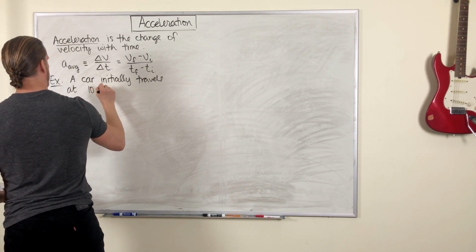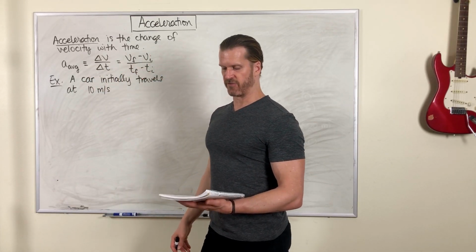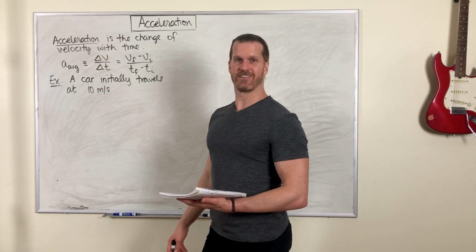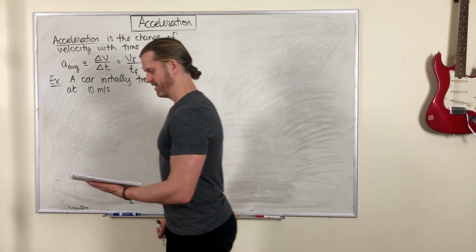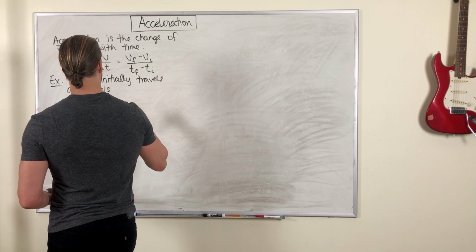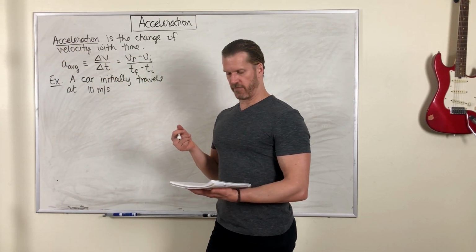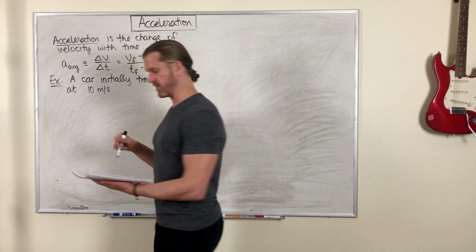Positive 10 meters per second. So it's traveling 10 meters per second, say in the right direction or the forward direction, the positive direction. And after 5 seconds, it has speeded up so that it's now going positive 25 meters per second.